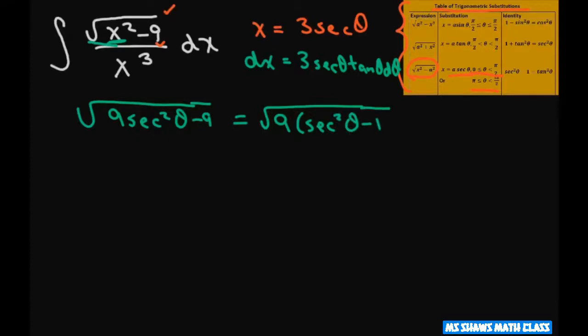You pull out 3. Now secant squared theta minus 1 is tan squared, so your square root of tan squared theta gives you 3 secant theta. Because secant theta is positive in these two quadrants, we can take away the absolute value signs.